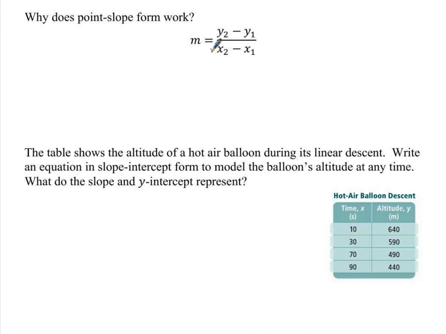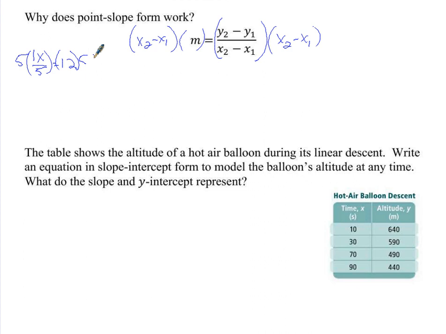So what I'm going to do is use the slope equation to show you why point-slope form actually works. By getting rid of the denominator here, all I need to do is multiply both sides by the denominator, x2 minus x1. It's sort of like if I have 1x over 5 equals 12, and I wanted to get rid of the denominator there, I multiply both sides by the denominator.